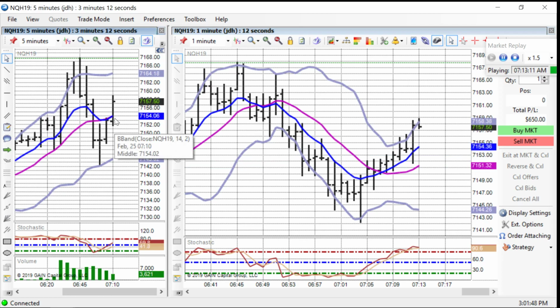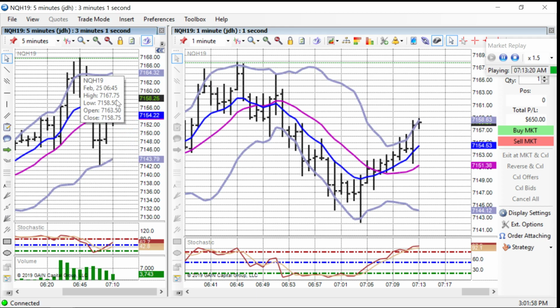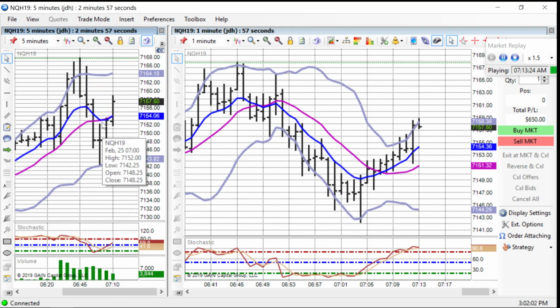Yeah, we've got to see. This could be a big 1, 2, 3 point on the intermediate chart or 5-minute chart. That pop-up would get out of the way.